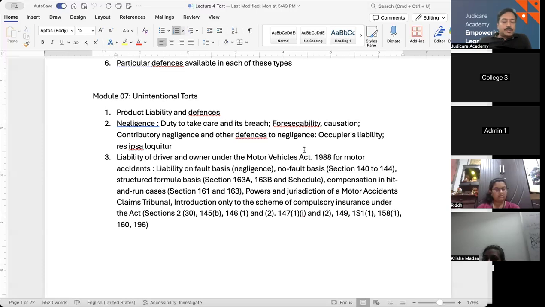So a famous case is Morris versus Harnett, 1963. The court affirmed in this matter that the causal link between the defendant's negligence and the plaintiff's injury must be clearly established to warrant compensation.